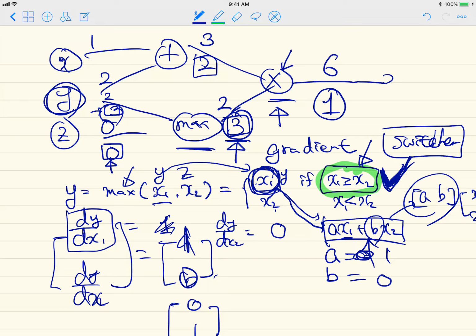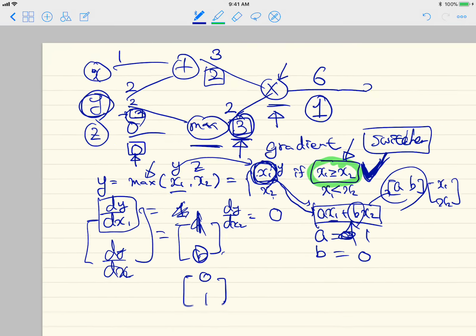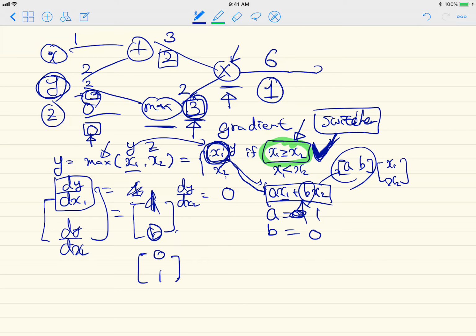Okay, so in the case of a multiplication, a student answered that it works as a gradient switcher, right? So our function z is defined as a times b, and maybe call this one f, and then the derivative of f with respect to a will be b, and the derivative of f with respect to b will be a, right?